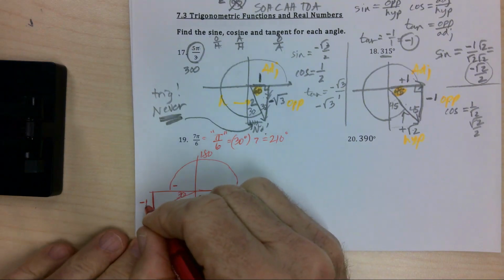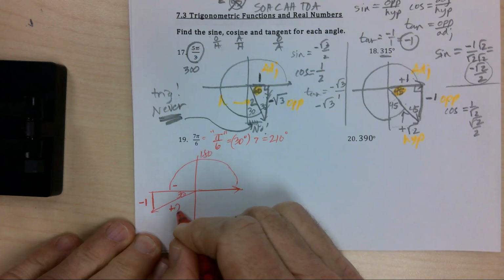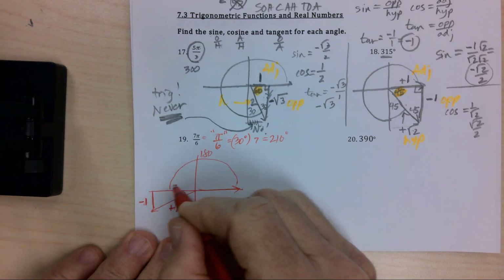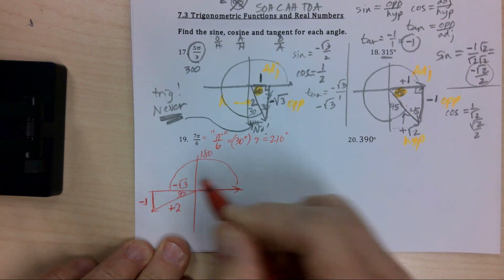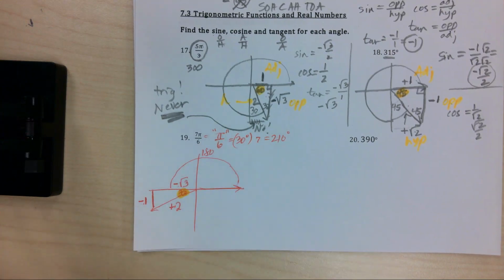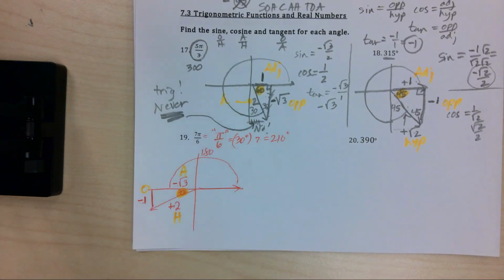So I'm going to call this my -1. I double that to get my hypotenuse, but we know it's +2. And then I multiply this by the square root of 3 to get this, so it's negative square root of 3. Now my reference angle is right here, making this my opposite, hypotenuse, adjacent.